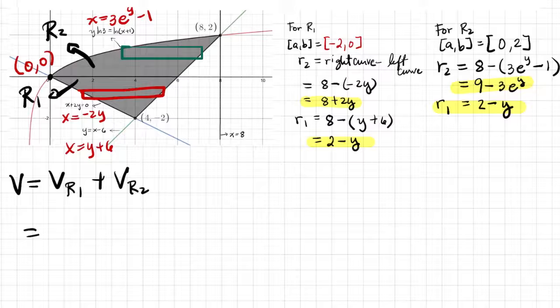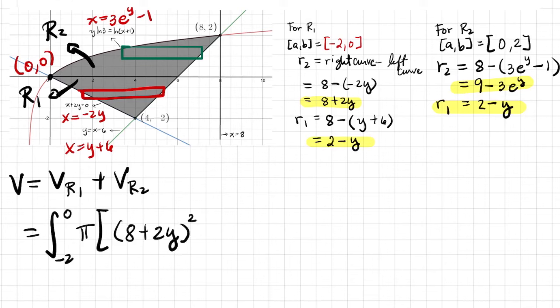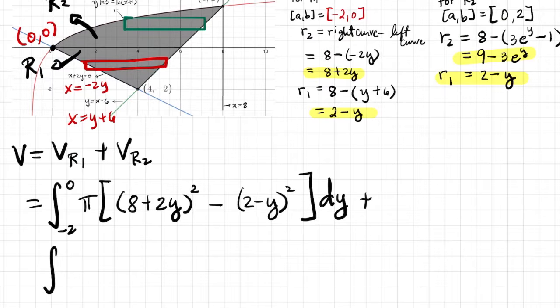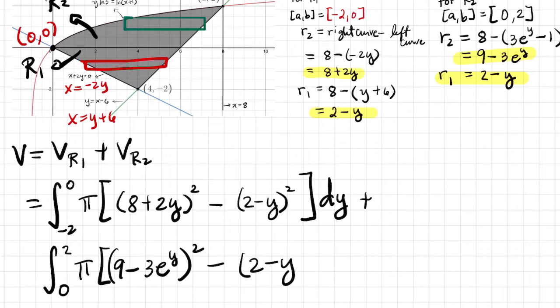So this is equal to the definite integral from negative 2 to 0 of pi times the quantity 8 plus 2y squared minus the quantity 2 minus y squared dy, plus the definite integral from 0 to 2 of pi times the quantity 9 minus 3e to the y squared minus the quantity 2 minus y squared dy.